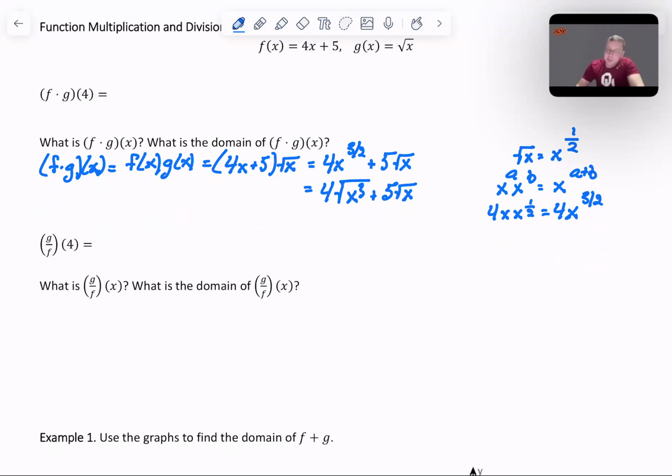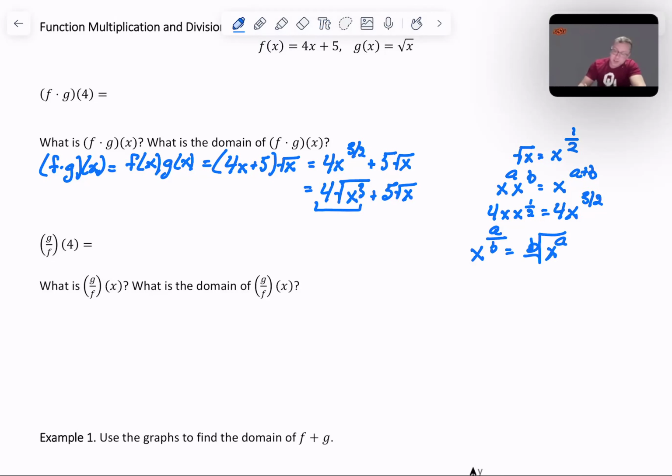And that uses the fact that x to the a over b is equal to the bth root of x to the a. In this case, a is 3 and b is 2, so we're just taking the common square root of x to the third.